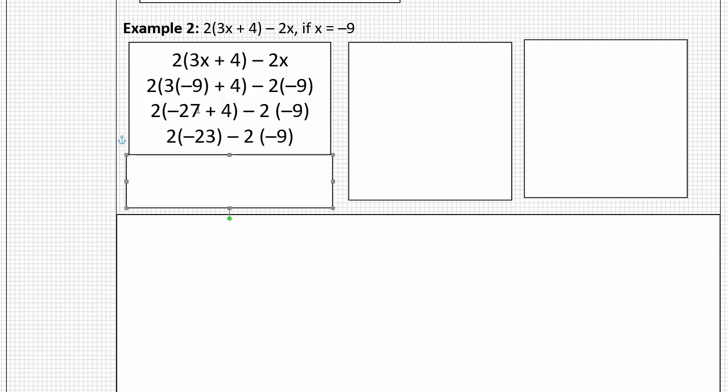So then if we take negative 27 and we add 4, we get negative 23. So our expression at this point is 2 times the quantity negative 23, subtract 2 times negative 9. Go ahead and see if you can complete this expression and finish evaluating it all down to one value.